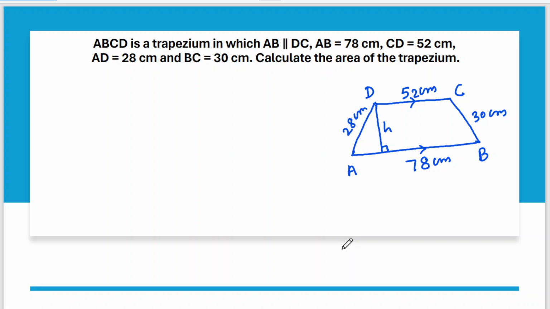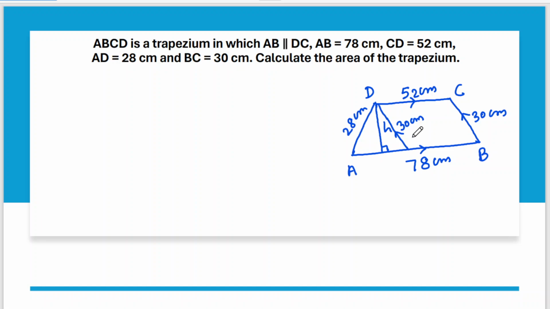Now, if I do some construction here and draw a parallel side to this side, let me keep this also as 30 centimeter. Why? Because by construction I have drawn this.